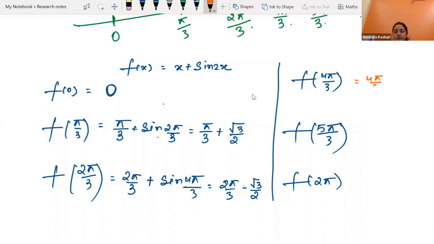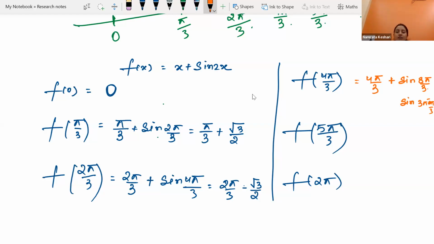4 pi/3 plus sine 2 times 4 pi/3, that is 8 pi/3. 8 pi/3 can be written as 3 pi minus pi/3, right, Fatima? Yes. Which means 3 pi is nothing but pi plus pi minus pi/3.